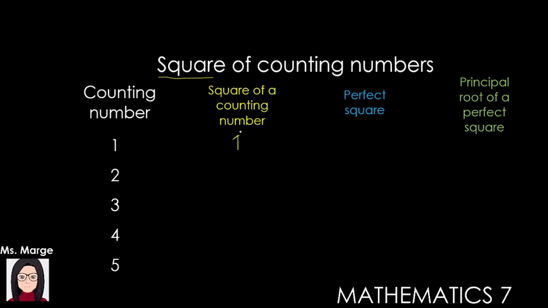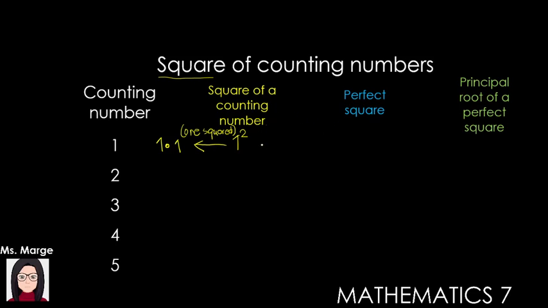Ang basa dyan ay 1 squared, or 1 exponent 2. At ang 1 squared, kung babalik tayo sa basic, that will be 1 times 1. Hindi ako gagamit dito ng cross symbol. And 1 times 1, ang magiging sagot ay 1, di ba?